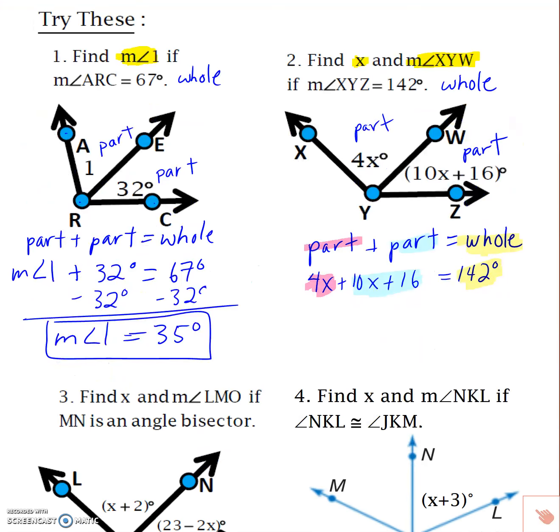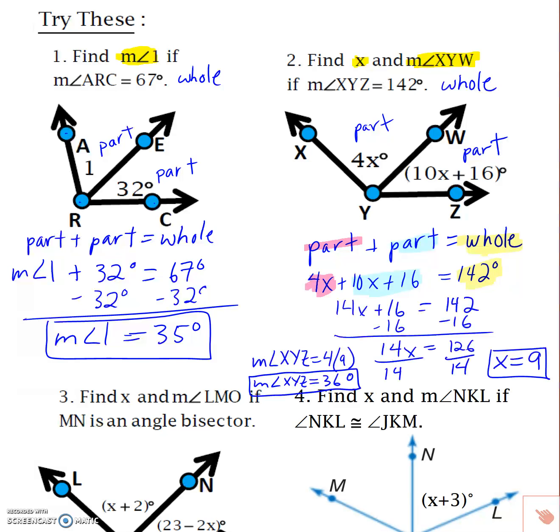So go ahead and solve that equation and put in your answer. Okay, if you solve that correctly, you should have gotten x equals 9 and the measure of angle XYZ equals 36 degrees.